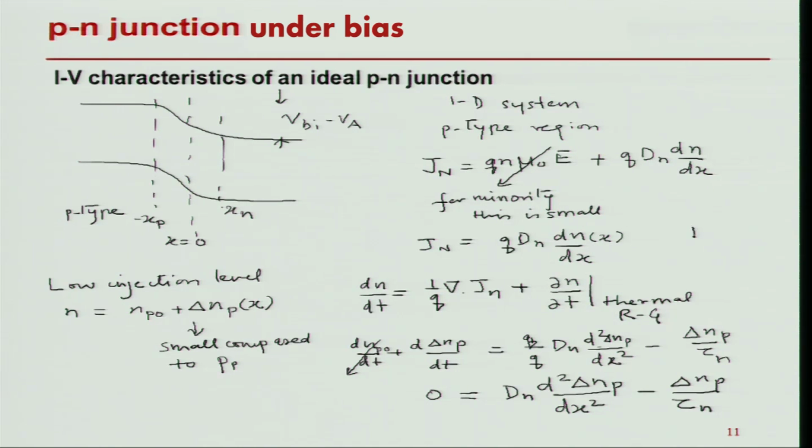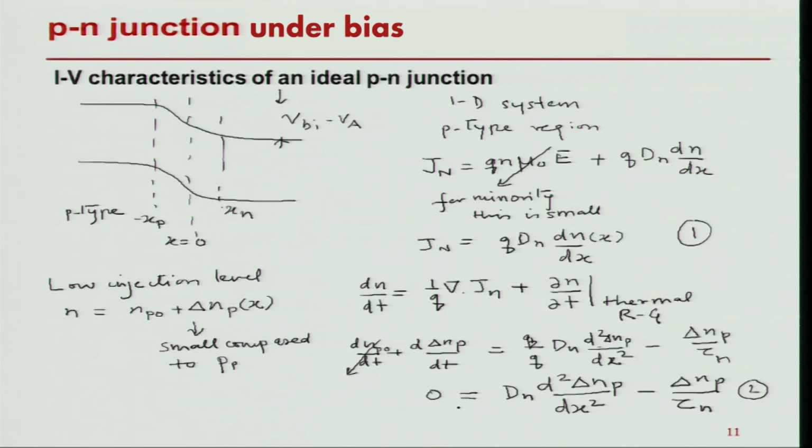So, I have one equation for describing the electron current in the p type, which as we discussed is coming because of injection of electrons, and then I have the continuity equation which I can solve to get an expression for electron concentration in the p type. All this is because of the low injection approximation, where I can put the electron concentration as the equilibrium electron concentration plus the excess electron concentration.